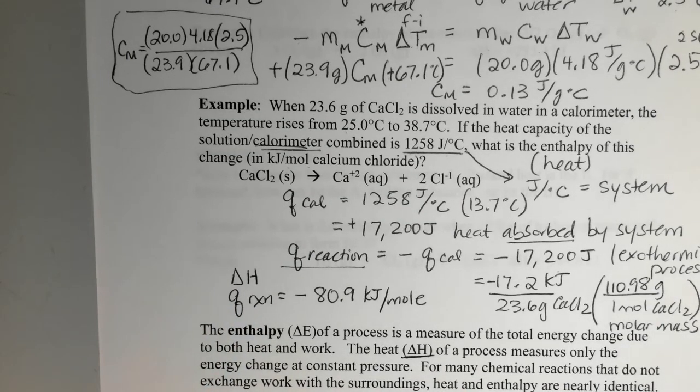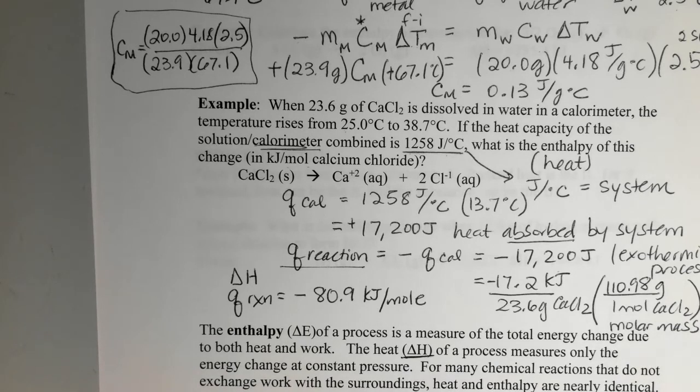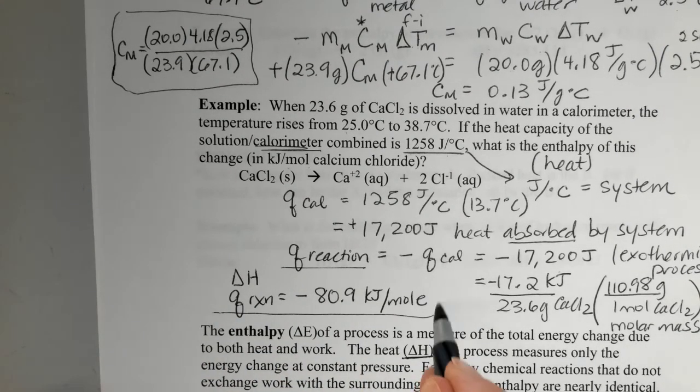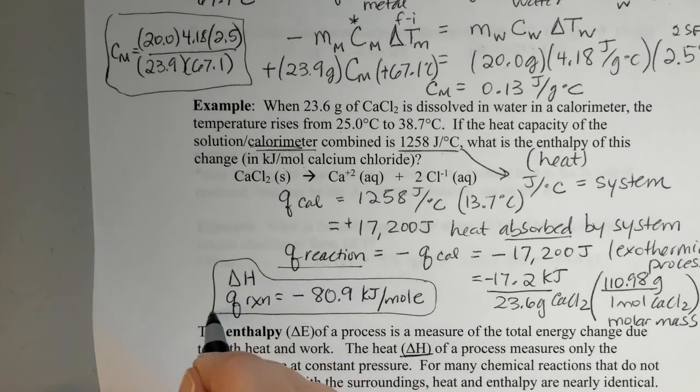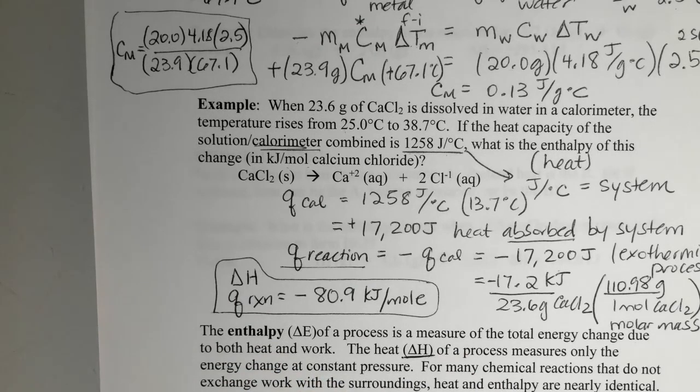It's a heat, right? It's just we're going to be looking at a heat of a reaction, or the enthalpy of the reaction. So enthalpy is a measurement of total energy change due to both heat and work. Not too worried about that, but basically the idea is there is an exchange of heat, right? Heat cannot be created or destroyed.